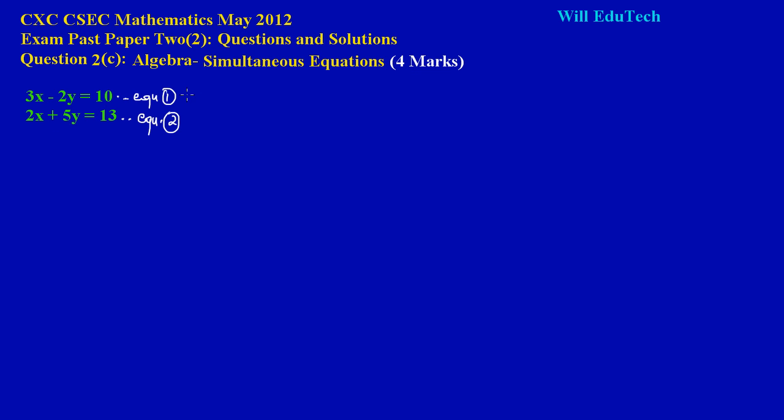So I'm going to multiply my equation 1 by positive 5, and then I'm going to do the same for equation 2, but I'm going to use the coefficient of y in equation 1. If you notice now, it is a negative 2, so I must multiply my equation 2 by negative 2, because negative 2 is the coefficient of y in equation 1. Hope that was useful.